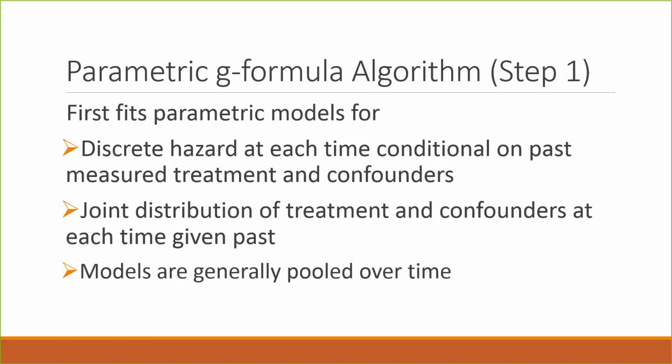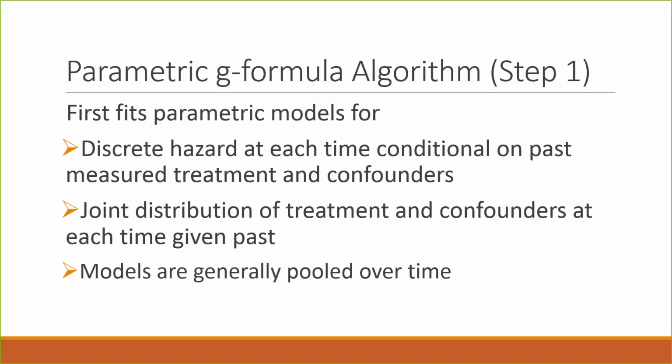So now I'm going to go through the general algorithm. Basically, what we're doing underneath the G-formula SAS macro. So it's cumbersome code, but it's not extremely complicated. It relies mainly on existing SAS procedures. So in the first step, we fit parametric models for the discrete hazard at each time, given the observed paths, including restricting to those who are uncensored and still alive.